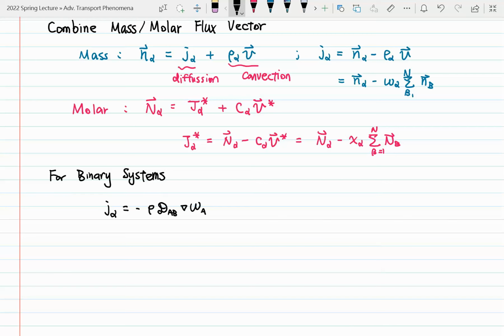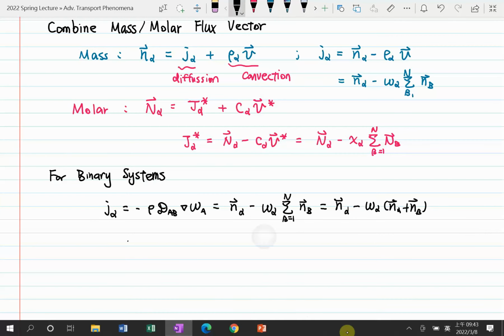This is based on Fick's first law, but it also equals N alpha minus what we just wrote down, the mass fraction alpha times the overall flux of the whole system, N alpha plus N beta, and that actually equals N alpha minus omega alpha, or W alpha, times N alpha plus N beta, because you only have two components now.